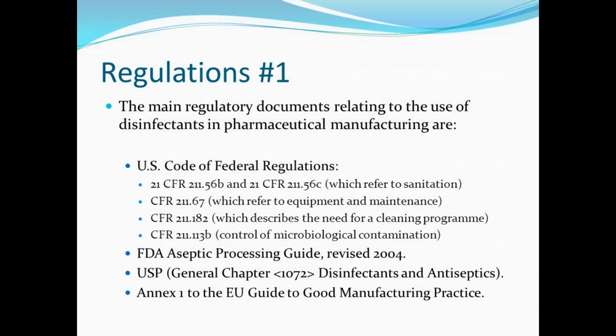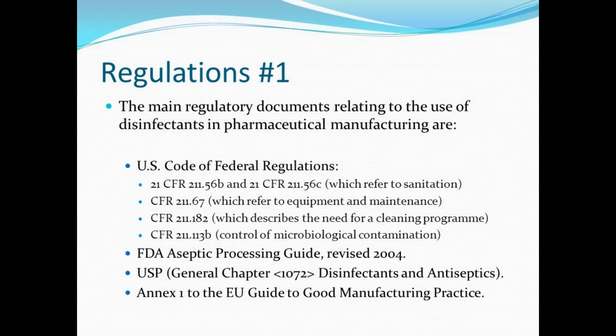And the key ones there to look at are 56B and 56C. Then there is Part 67, which refers to equipment and maintenance programs. There is 182, which refers to the cleaning program, and then 113B, which is about microbial contamination and how the cleaning regime feeds into that.